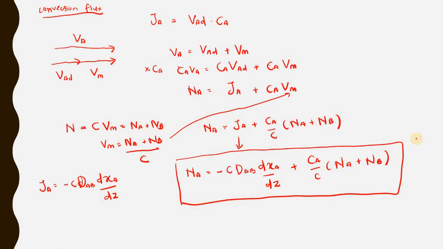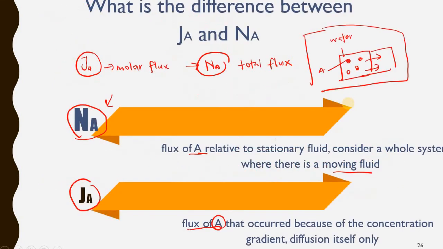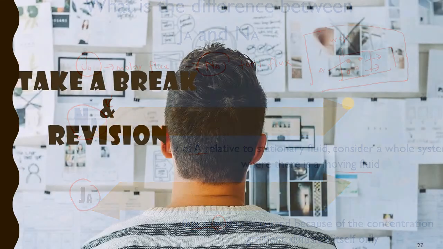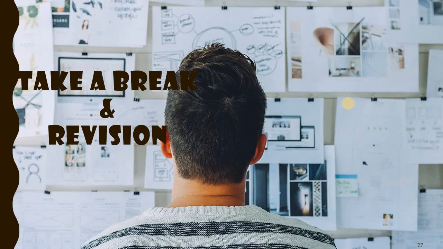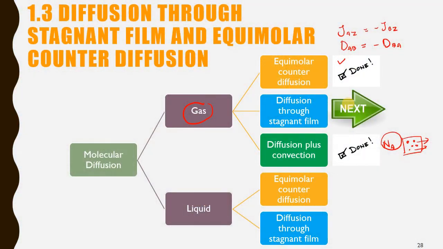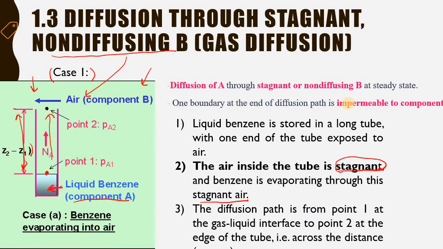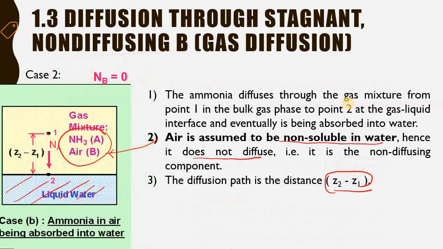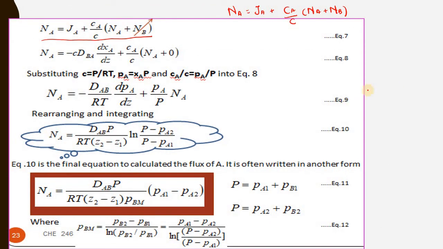Next, we bring this equation into the derivation. From this equation we replace JA with Fick's law, so we will have this equation.